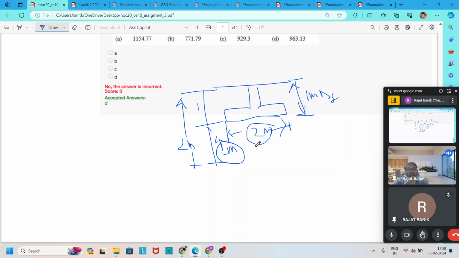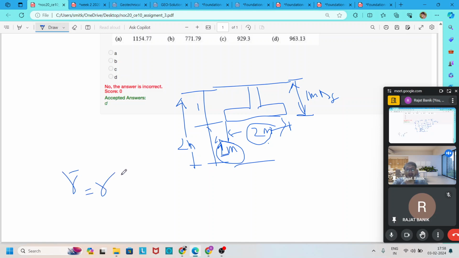Because we know that if the depth of the water below the foundation level is greater than the width of the foundation, there may not be any water table correction. If it is present, then water table correction is applied. For this, we need to first find out gamma bar.